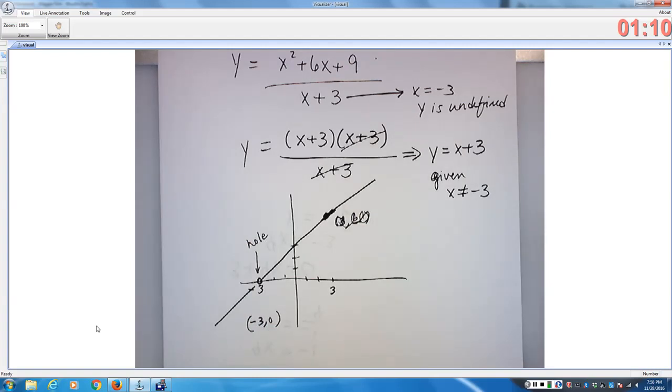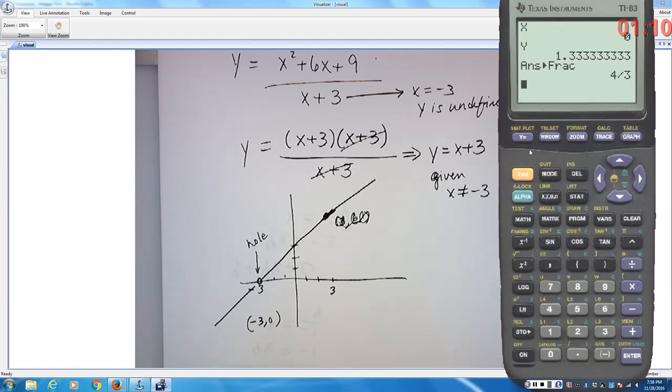So when we graph it, we actually are going to get a straight line. And there's the straight line that you get.